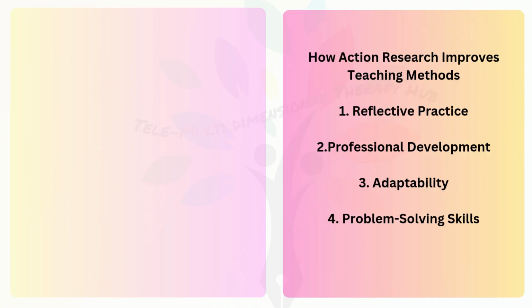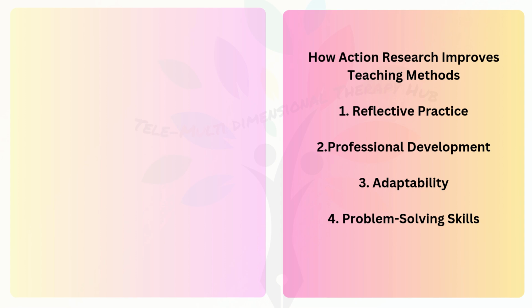Now let's see how action research improves teaching methods. First is reflective practice, professional development, adaptability and problem solving skills. Teachers regularly reflect on their teaching to identify strengths and areas for improvement, which helps them become more thoughtful and effective in their approach. Number two, professional development.